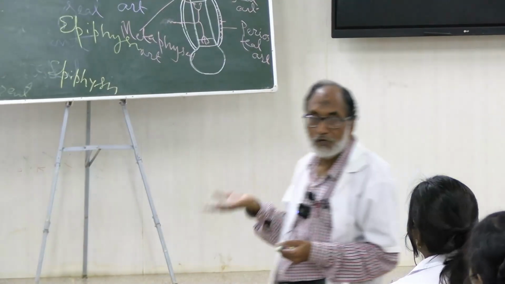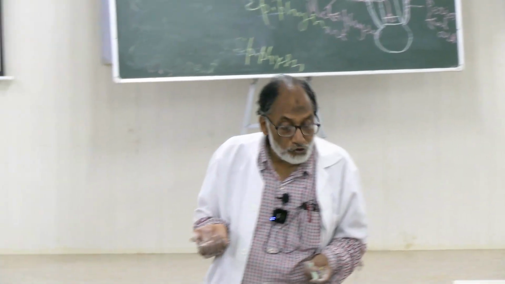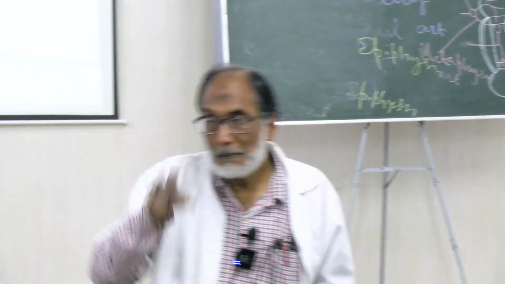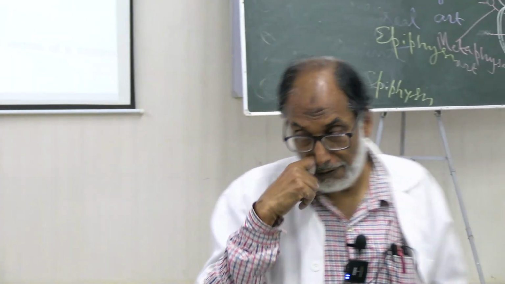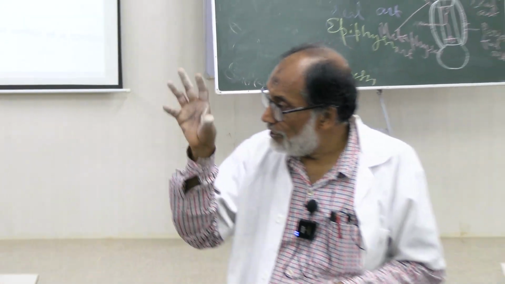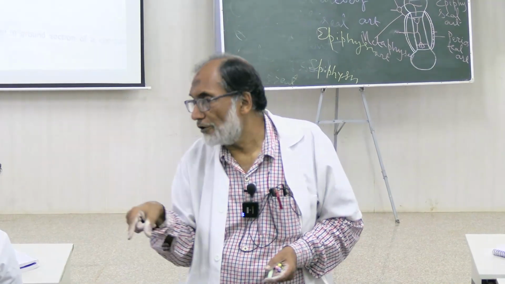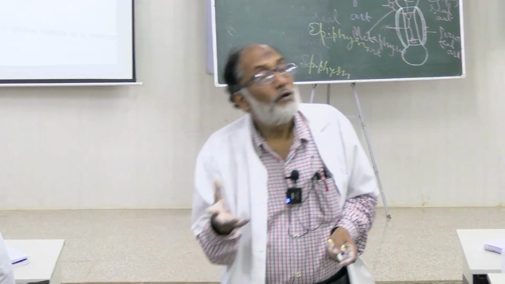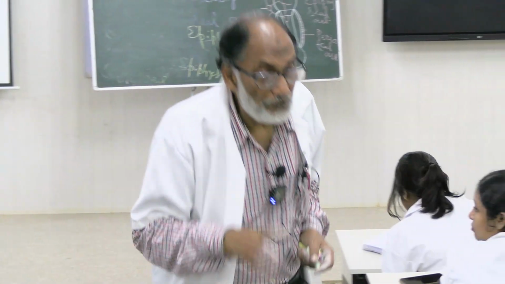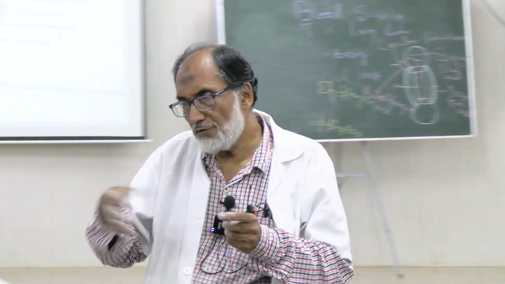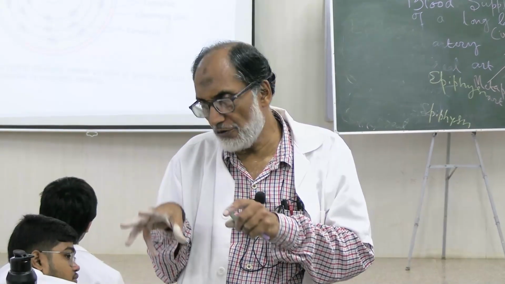Osteoclast is bone destroying. Osteoblast will develop bone. Where does osteoblast come from? Very good, mesenchyme. From mesenchyme, due to differentiation, osteoblast will develop.